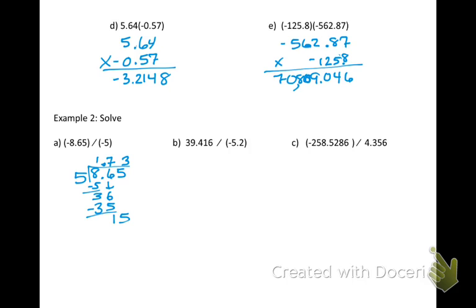Now B has a decimal that will be on the outside, so we need to figure out if it's positive or negative. A negative divided by a negative is a positive, so it's a positive. Right, so you put your 3.9416 on the inside, 5.2 on the outside. Now, I need to get rid of the decimal on the outside by moving it one time. So if I move it one time on the outside, you're going to move it on the inside.